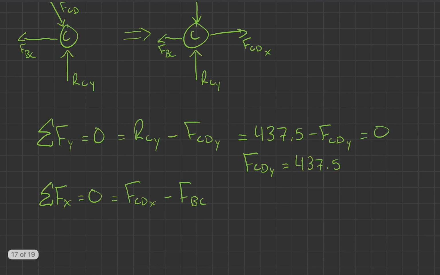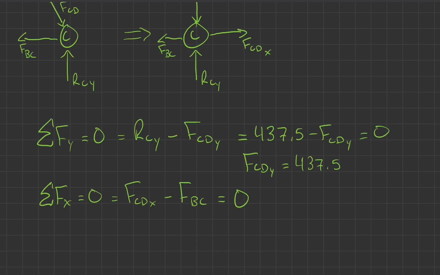And we don't know what either of those are yet. So I'm going to set those equal to 0. So to solve for force CD, so that way we can get CDX.